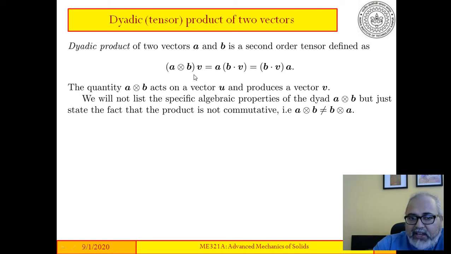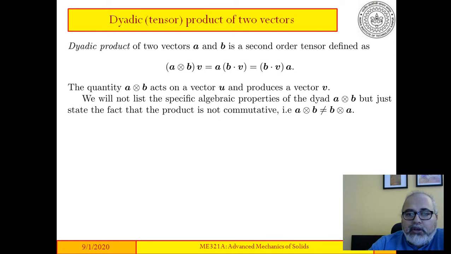So the right hand side is a vector. This dyadic product acts on a vector to give you another vector. Therefore, the dyadic product is a second order tensor, because we have defined second order tensors as something that acts on vectors to give you vectors, and the dyadic product does exactly that. The dyadic product of two vectors is called the tensor product of vectors, and it acts on a vector to give you another vector.